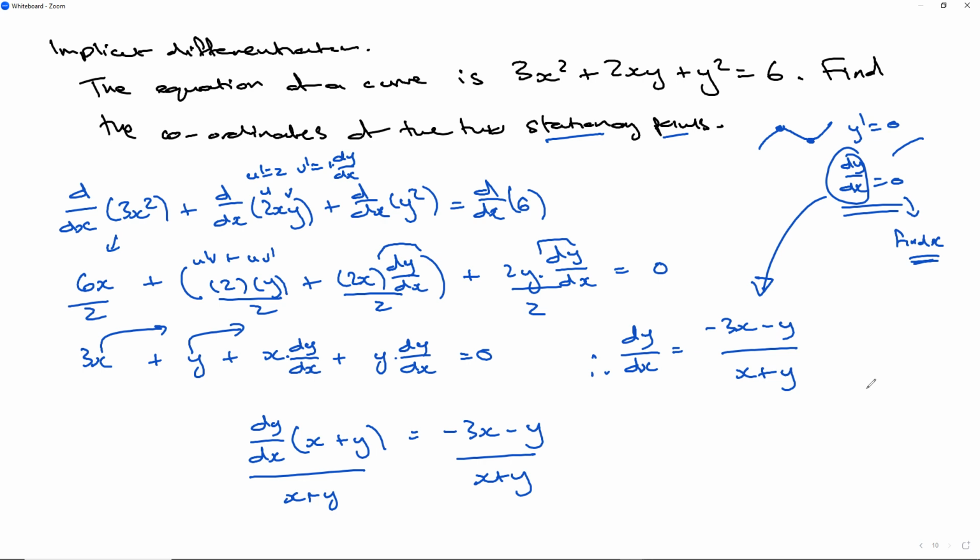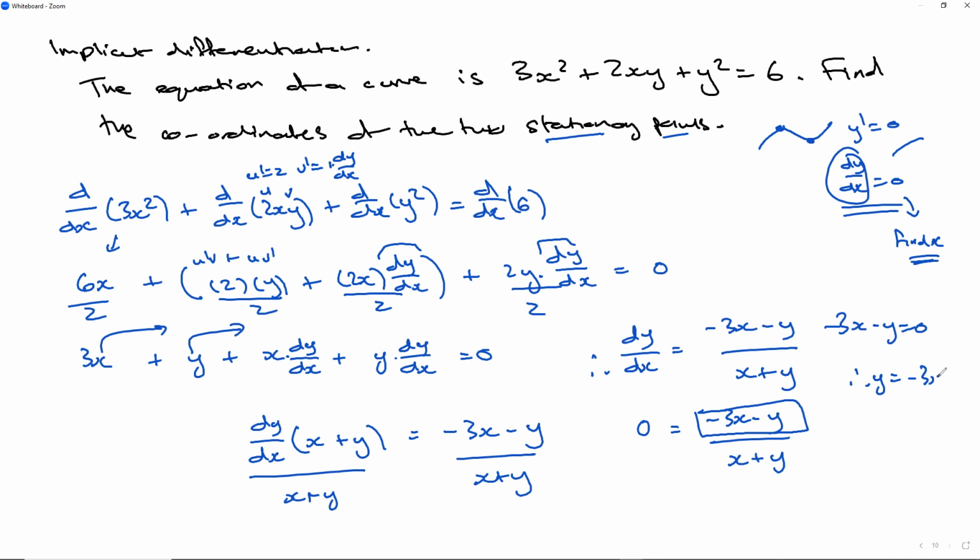I can now make that equal to 0. If I make that equal to 0, then 0 will equal negative 3x minus y over x plus y. And the only way this would be 0 is if the numerator is 0. So if negative 3x minus y equals 0, therefore y will equal negative 3x.